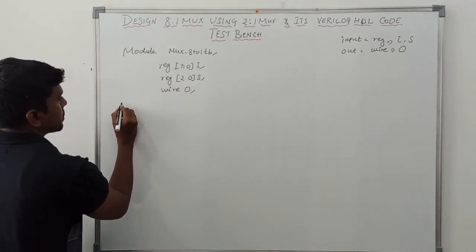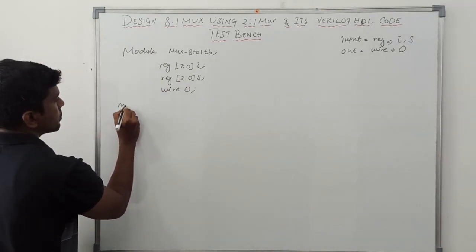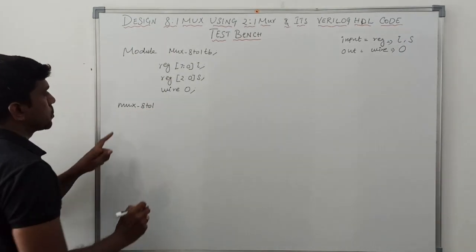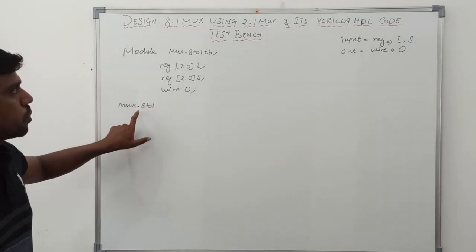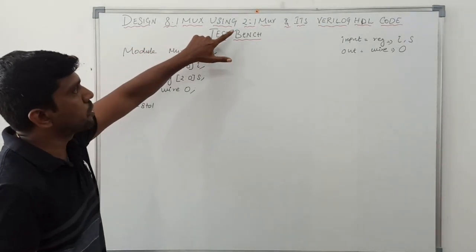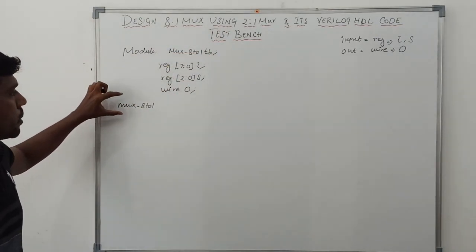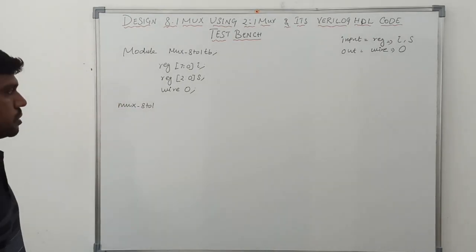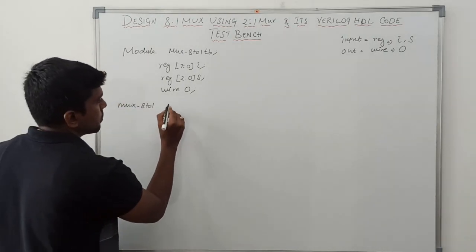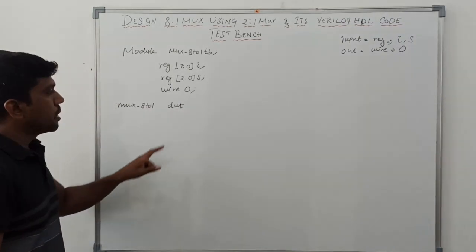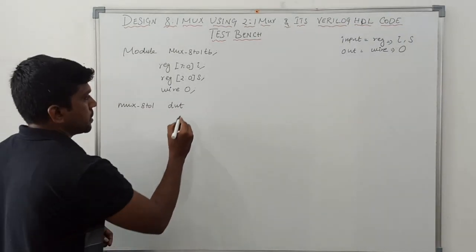Then the declaration of instantiation: mux_821. So mux_821 is the module name. While writing the Verilog HDL program for 8:1 mux using 2:1 mux, the module name is mux_821, so that name is reflected here. Then DUT, which represents device under test.